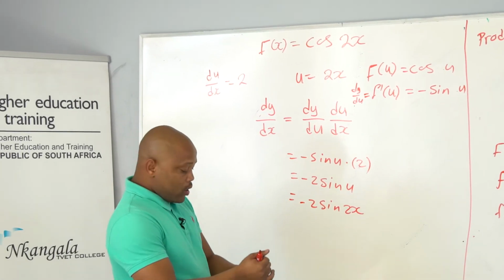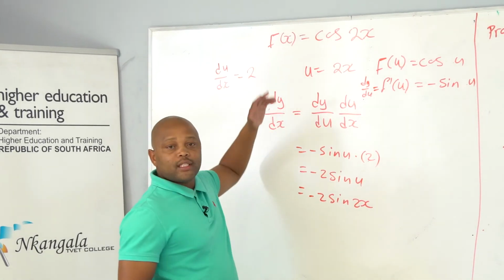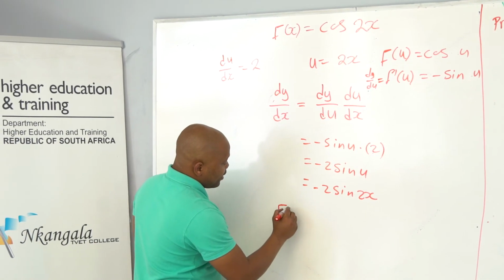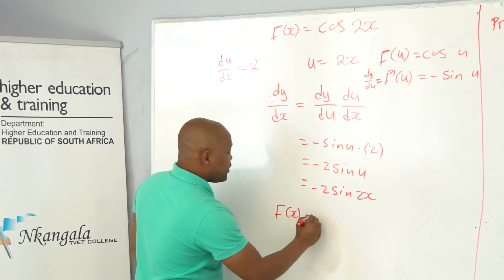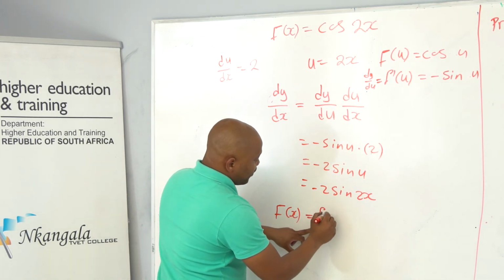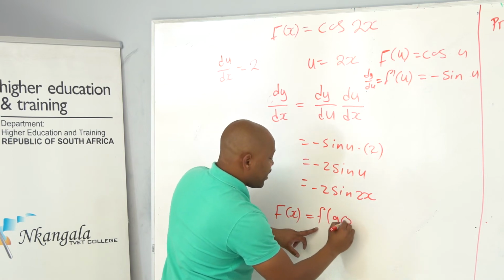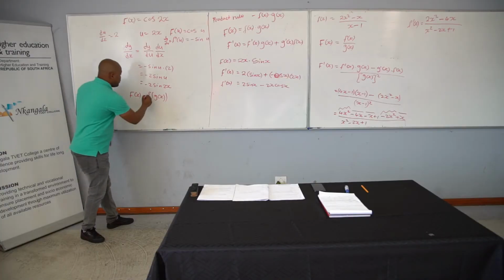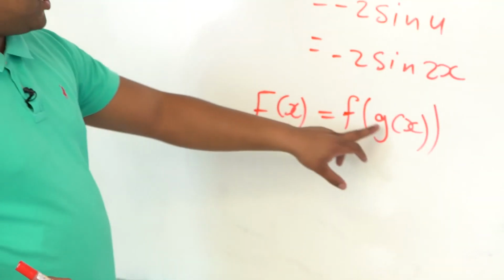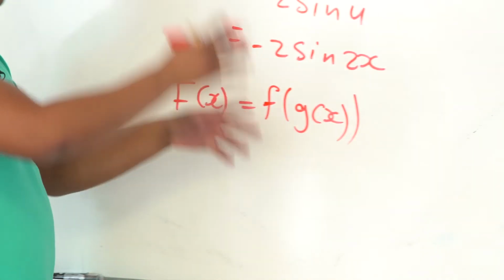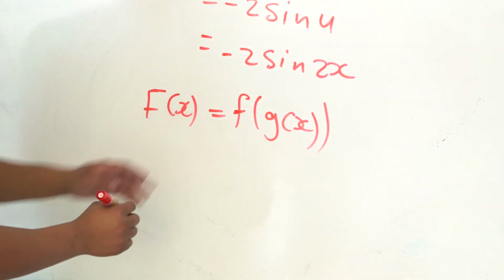Another way of noting the chain rule, guys, you could just do this. If you have f of g of x, g of x is inside of f, so you have a function inside of a function. How do you do this?